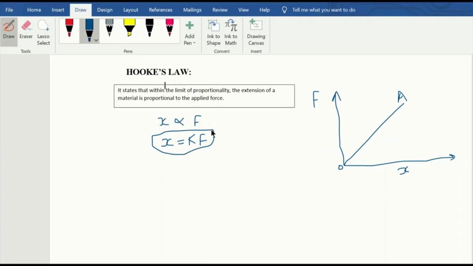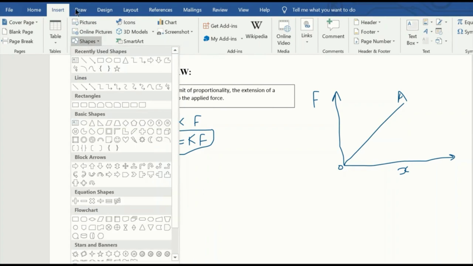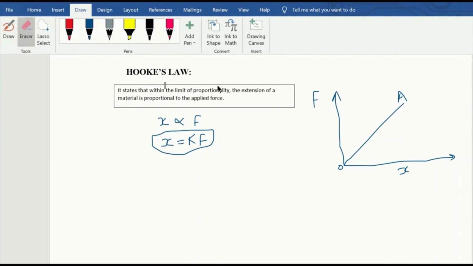Now, I want to derive another equation from Hooke's law as it relates to stress and strain. In this case, I will take off the force right here and the extension, and we replace the force with the stress, and also we replace the extension with the strain.